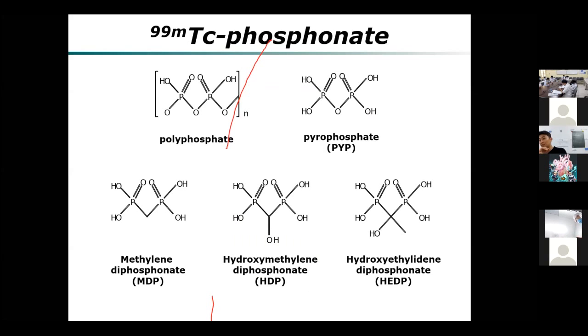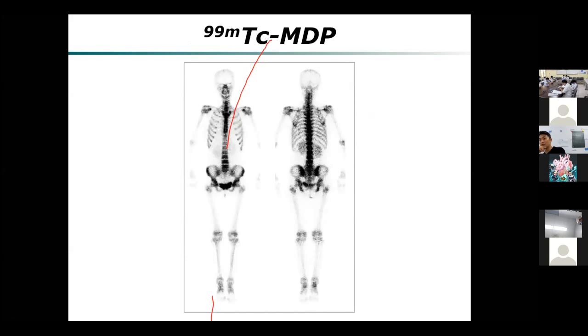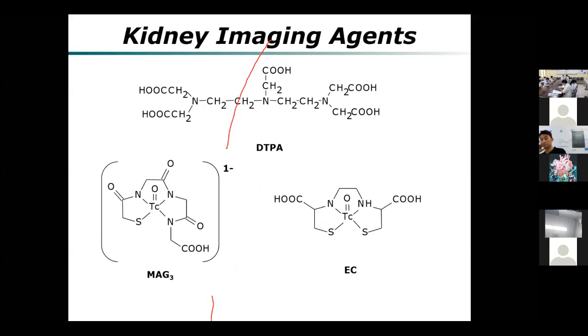Normally, we use technetium with a phosphonate group for the labeling and targeting, because the phosphonate group is well taken up by the bone, being an ingredient of the bone, so we can easily take bone imaging. Right after labeling, we inject it into the human, and we can check the bone imaging like this.